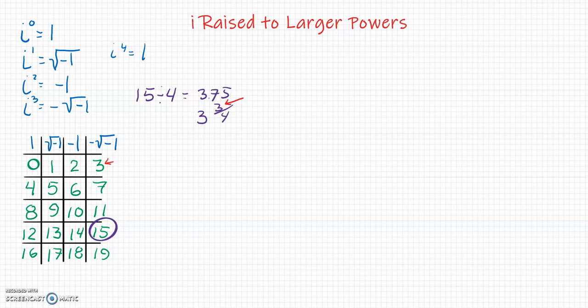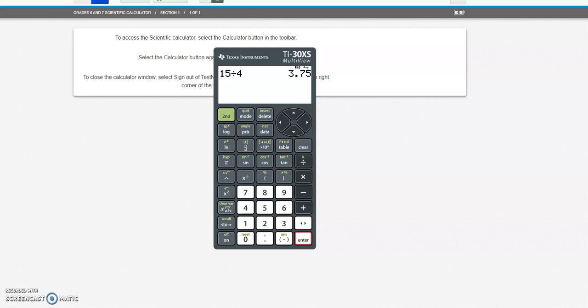That might have been a little confusing, so let's do it a different way. Actually, we'll look at other numbers on this row here. Let's take 19. According to this, we should be able to take 19 divided by 4, and our answer should tell us something about it being negative square root of -1. So back to the calculator, 19 divided by 4.